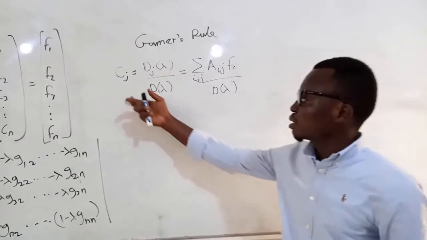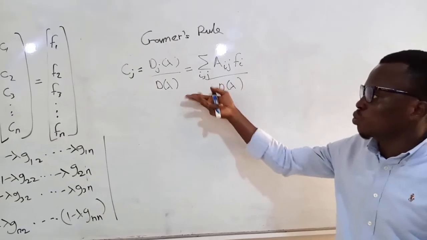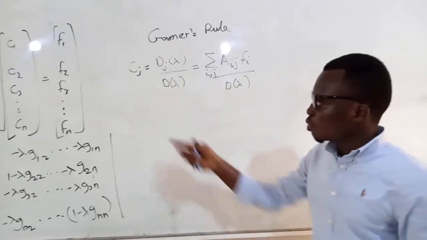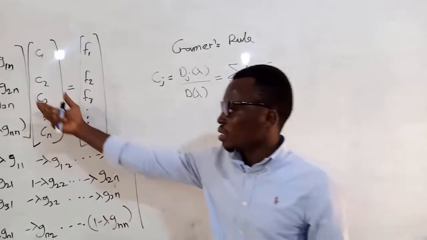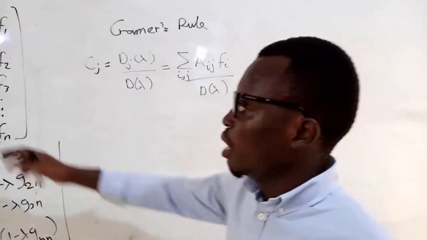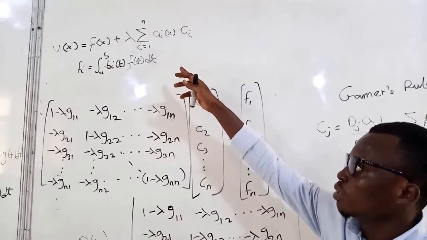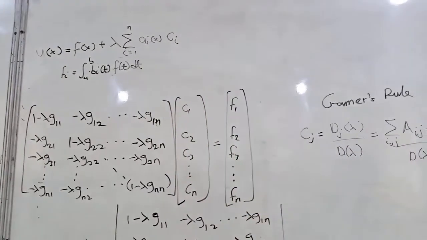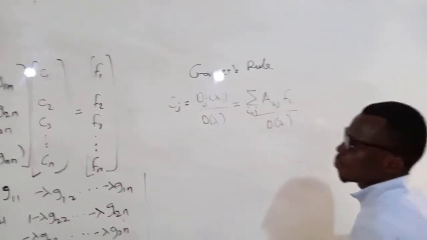So this is the combined form for Kramer's rule. Now, this is our Cj, the solution to the constants, the C's. And we had y of s equal to f of s plus lambda summation of i equal to 1 to n of ai of s ci. But let's change the ci to cj because we're having cj here.